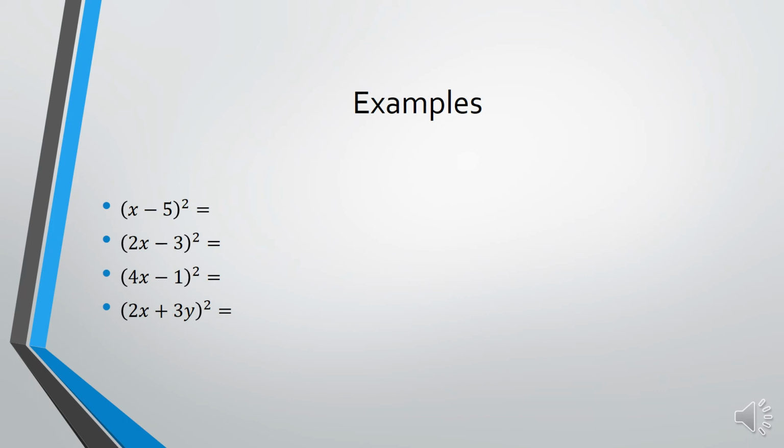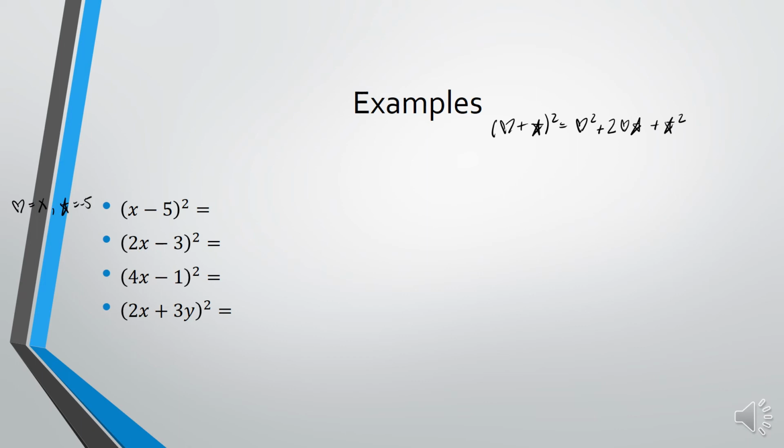I'll write it up here just in case you've forgotten it from the last slide. So heart plus star squared was square the first, at the end, square the second, and then in the middle, I'll have 2 times the two terms being multiplied together. So in my first example, right off to the side here, my heart is x, my star is -5.